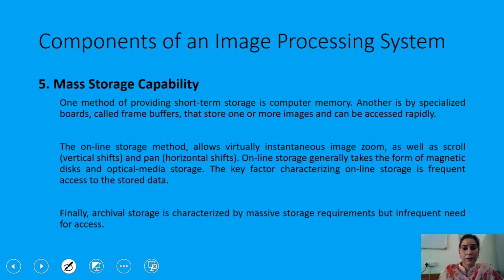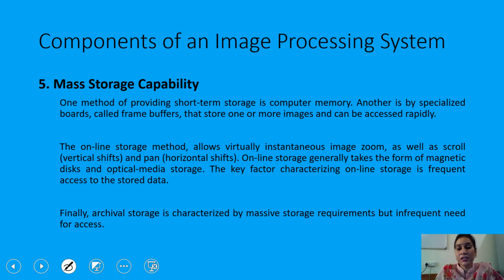Then storage capability, mass storage capabilities. One method of providing short-term storage is computer memory. Another is by specialized boards called frame buffers that store one or more images and can be accessed rapidly. The online storage methods allow virtually instantaneous image zoom as well as scroll and pan.